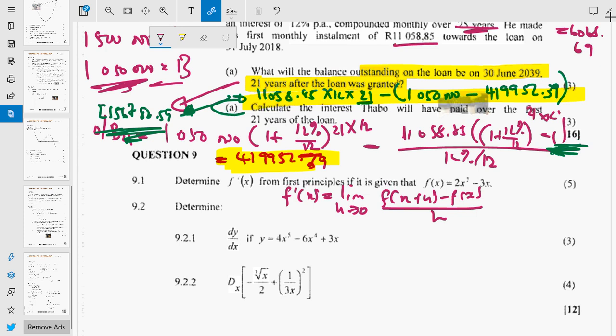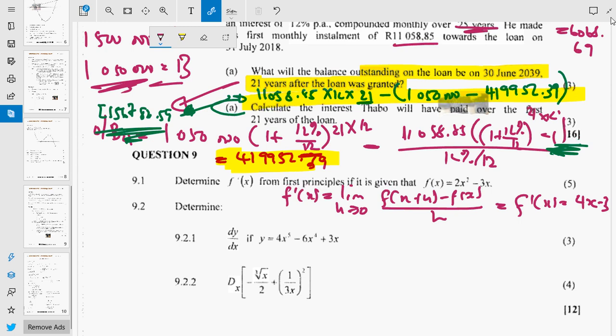Make sure you do not drop the limit as h approaches 0 as you please, but you drop it when you are actually substituting h equal to 0. And there you're going to get your derivative to be 4x minus 3. So I should have used an equal sign there.